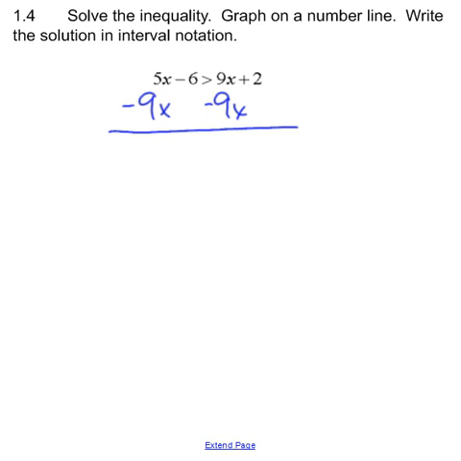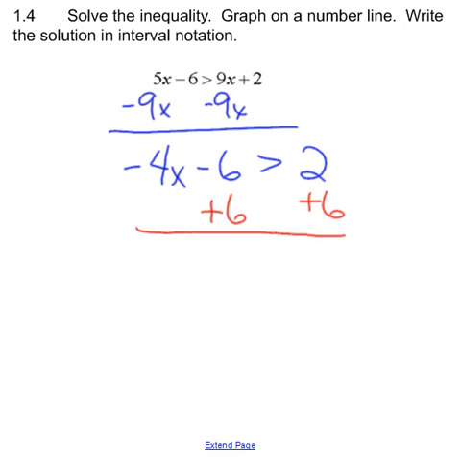So 5x minus 9x is negative 4x. So we got the minus 6 greater than 2. Now I'm going to add 6 to both sides. So my new inequality is minus 4x is greater than 8. Now we're going to divide both sides by negative 4.